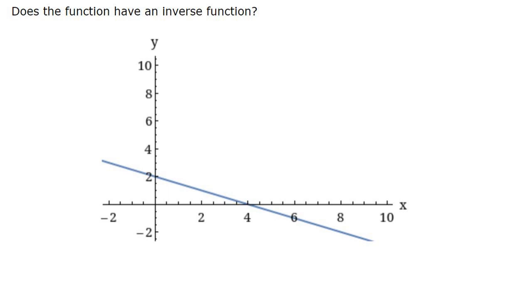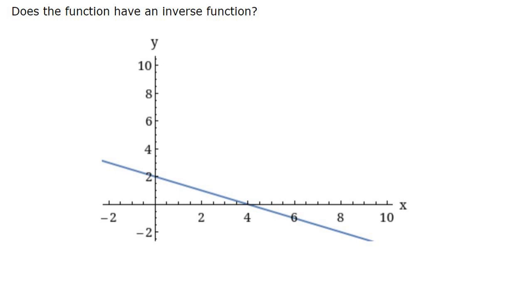So we want inverse function, right? The opposite. So what is opposite of a vertical line? Horizontal line. So if we want to check to see if this graph has an inverse, what we would do is perform a horizontal line test. We draw an imaginary horizontal line and traverse it through our graph. And if our imaginary horizontal line only crosses our graph once, then this function has an inverse.